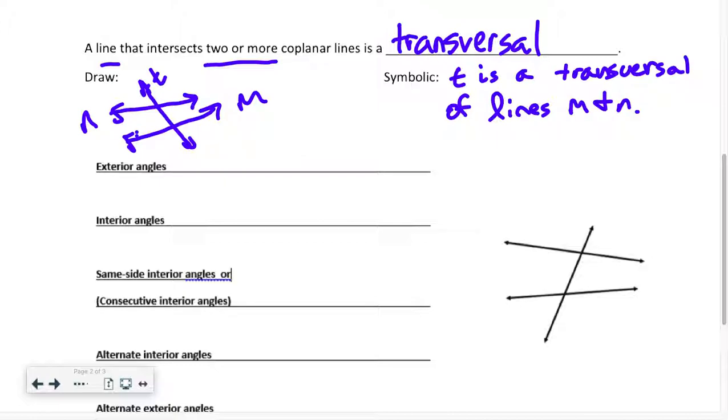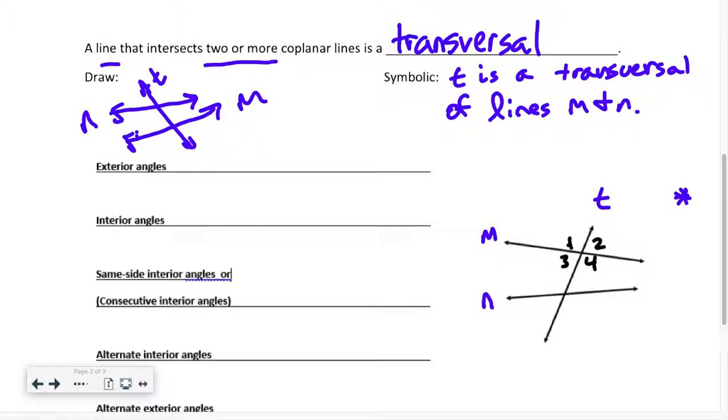So if we look here at this example, let's use M, N, and T. Of course, this is much better than my hand-drawn version of this. If we look at this example over here on the side, let's number all of the angles. Let's count how many angles there are here. At M and T's intersection, there would be 1, 2, 3, 4 angles created there.